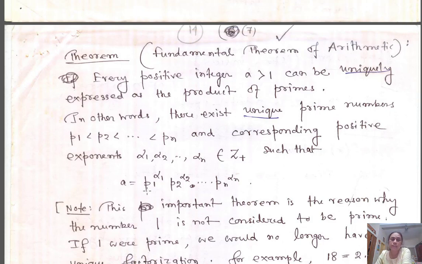So a can be written as p1 to the power alpha 1, p2 to the power alpha 2, up to pn to the power alpha n, where alpha 1, alpha 2, up to alpha n are positive integers, and this representation is unique up to the given ordering. If p1, p2, up to pn are primes with p1 less than p2 less than pn, then this representation is unique.